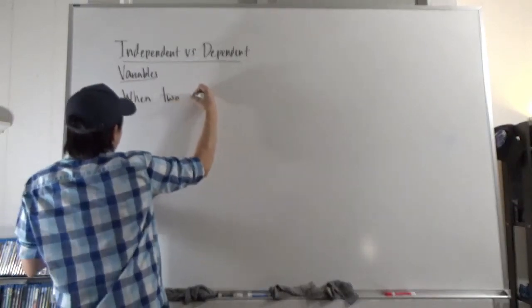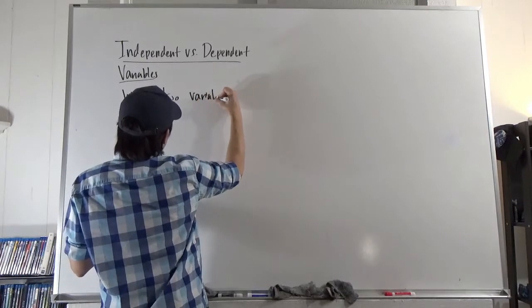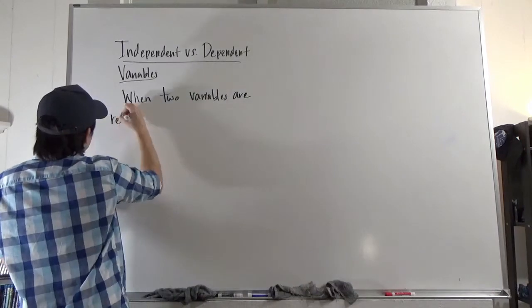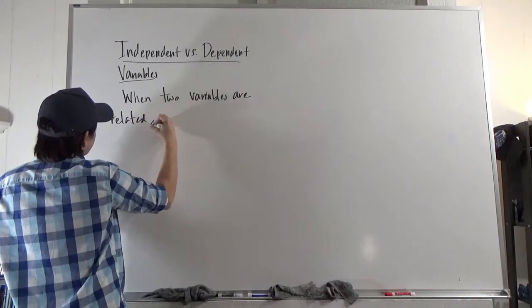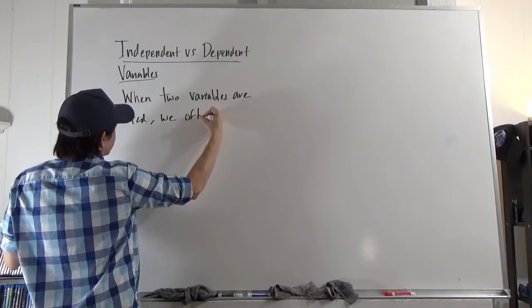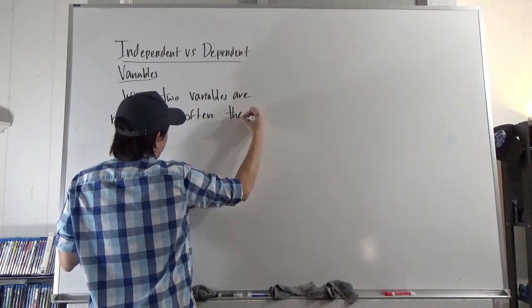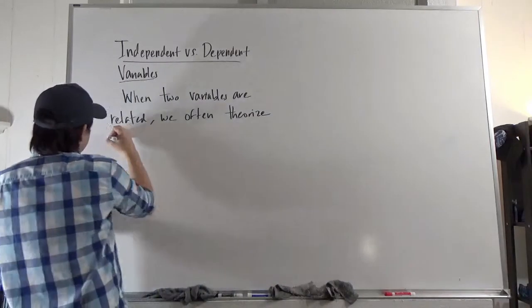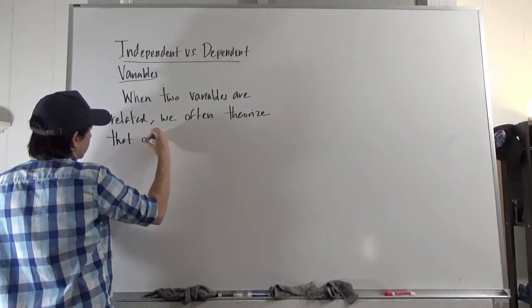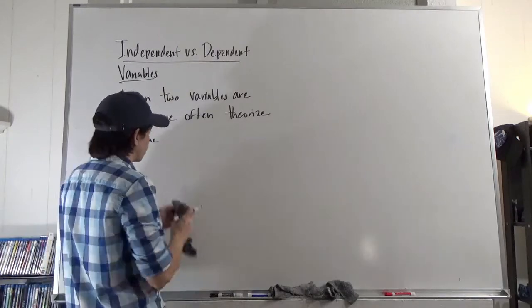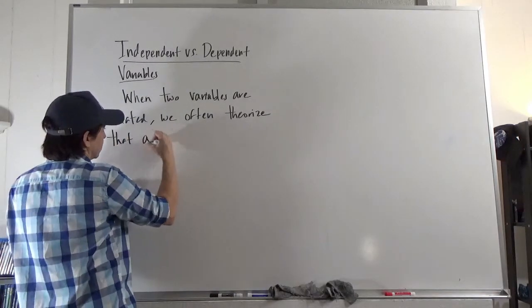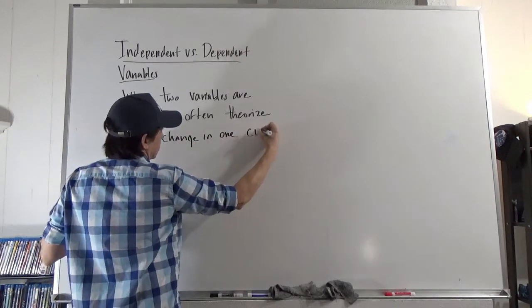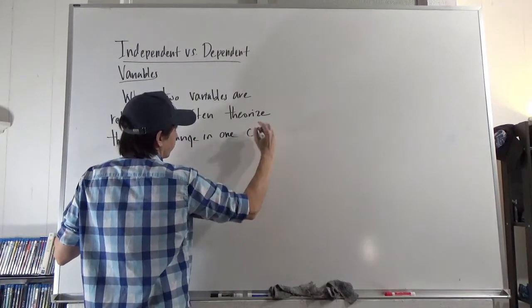When 2 variables are related, we often theorize, and sometimes those theories are wrong, but we won't get into that right now. We often theorize that a change in one causes a change in the other.